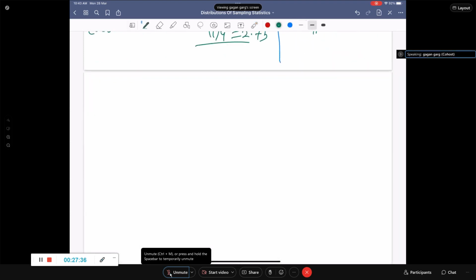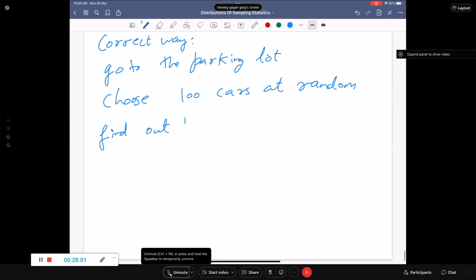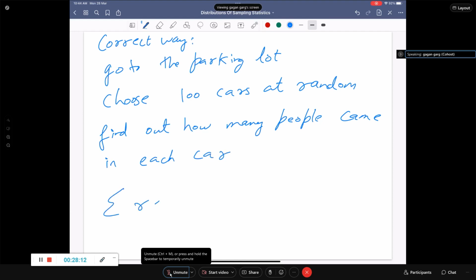The correct way of doing it: go to the parking lot, choose 100 cars at random, find out how many people came in each car, sum of the responses divided by 100.